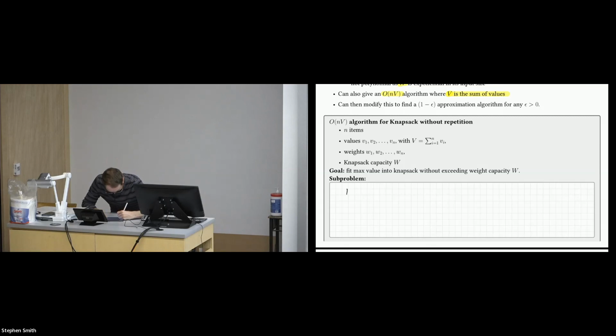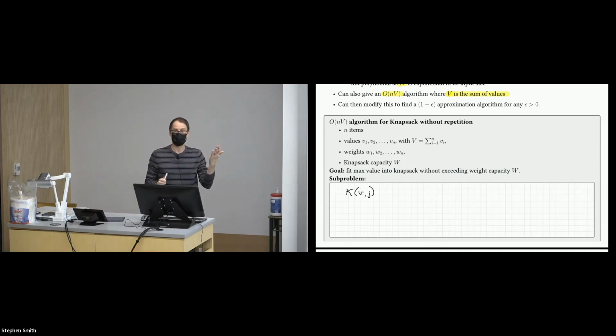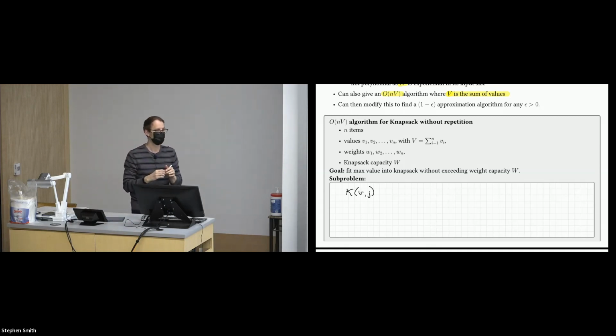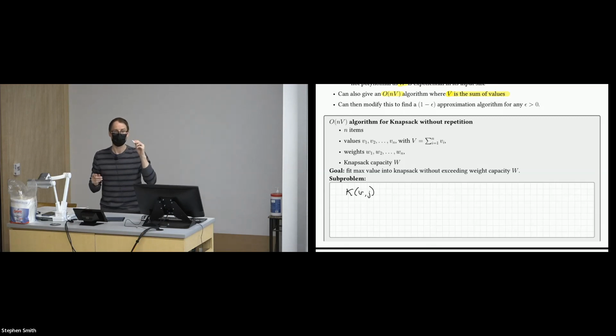I'm going to let K(V, j). It looks a lot like what we did before. We had a two-index subproblem before, where we limited the number of items and limited the capacity of the knapsack to some smaller w.